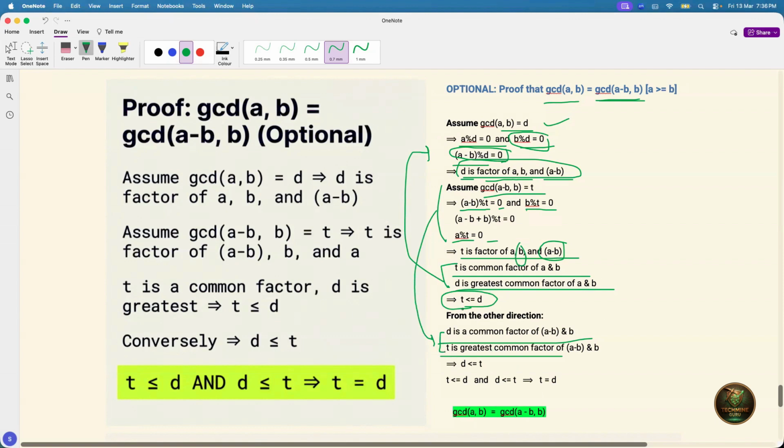We got two expressions: T is lesser than or equal to D, and D is lesser than or equal to T. These can only hold true if T is equal to D. So we have proved that GCD of A comma B is equal to GCD of A minus B comma B. It is totally okay for you to skip this if you have not understood. Just for the sake of understanding the mathematics behind the GCD property, I have come up with this proof.